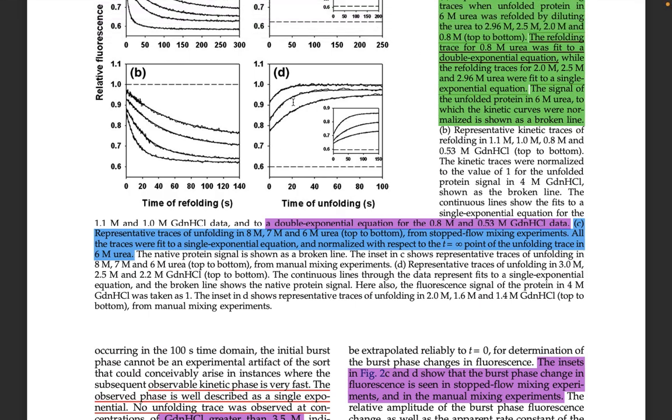The native protein signal is shown in broken line. This is the burst phase, a very big burst phase. The inset in C shows representative traces of unfolding in 8 molar, 7 molar, 6 molar urea from manual mixing experiments. So here also there is a big burst phase.